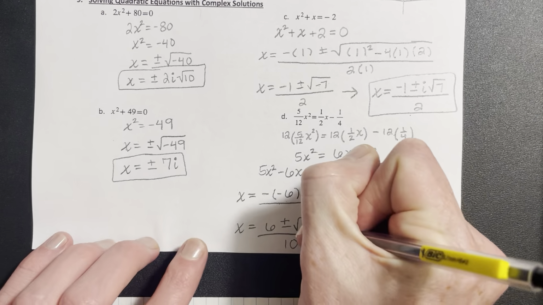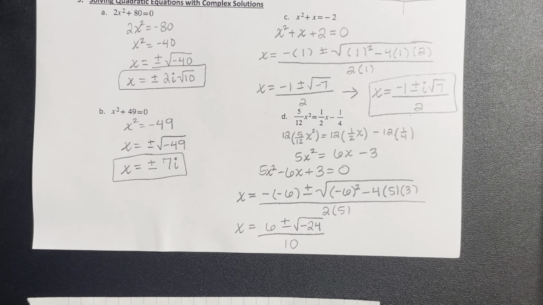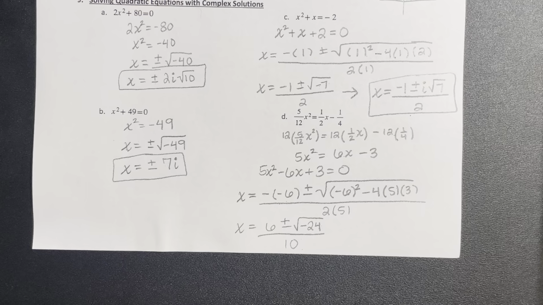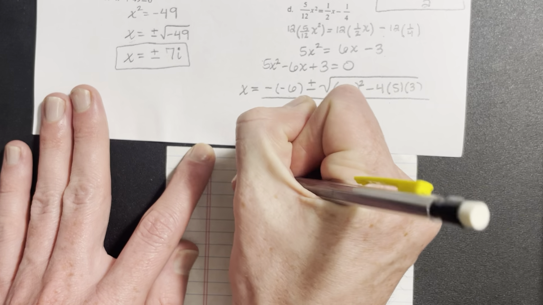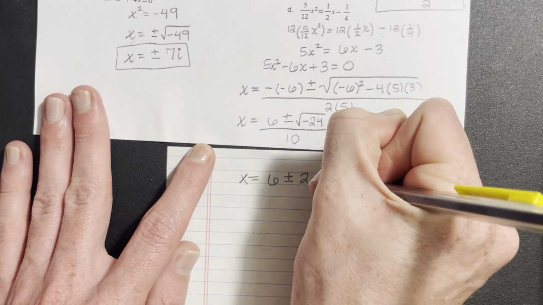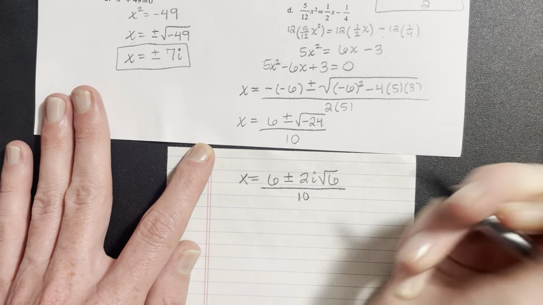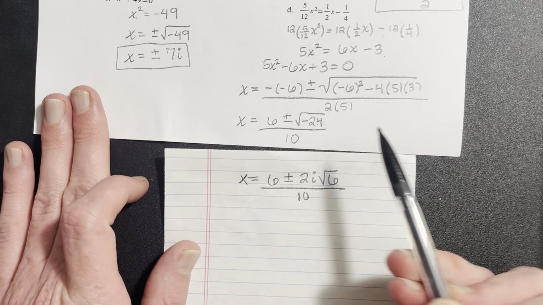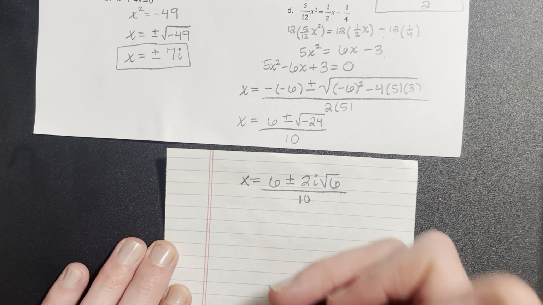That automatically tells me I'm dealing with some complex solutions, and we would simplify our radical. I'm going to extend this down to the next sheet of paper, but we have x equals 6 plus or minus 2i square roots of 6 divided by 10. So we're just simplifying that square root of negative 24. We're just practicing that simplifying radicals skill that we learned in the previous unit.